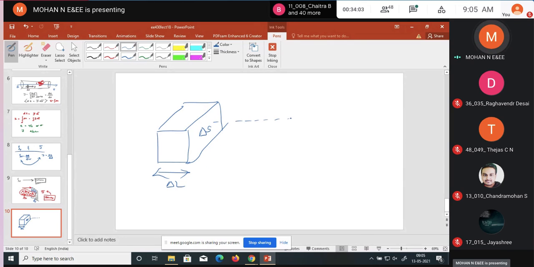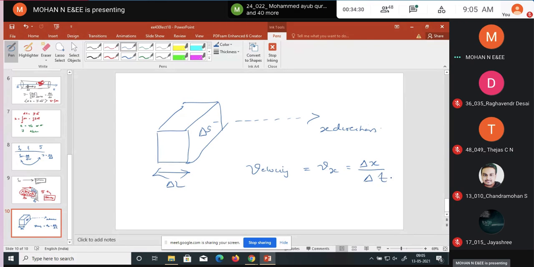I'm interested in moving the volume element in the x direction. So the velocity of the element along x is Vx equals delta x by delta t.